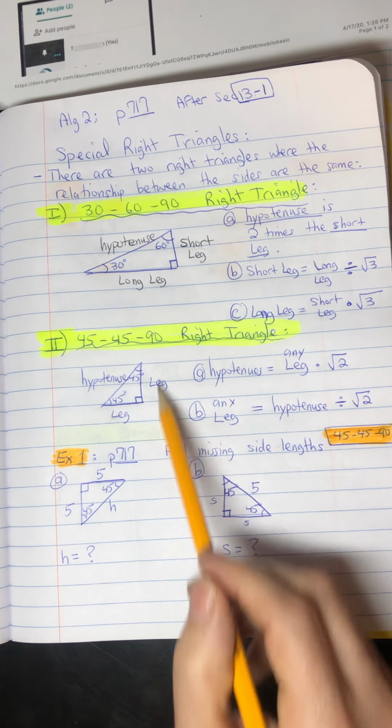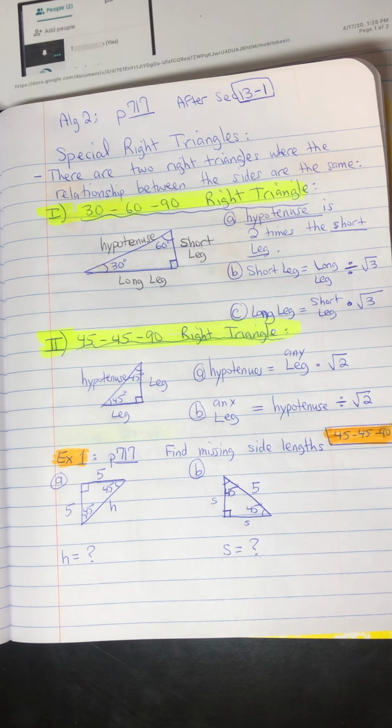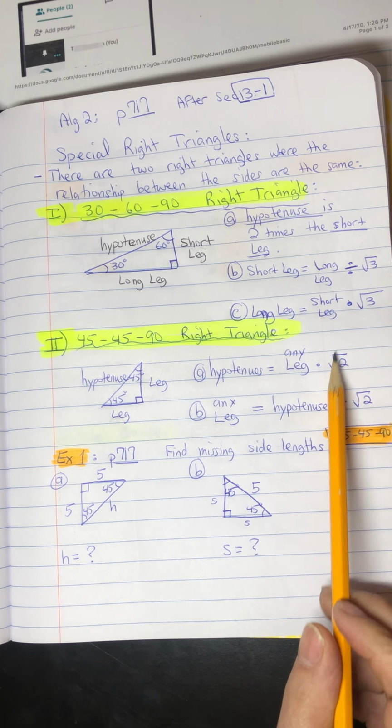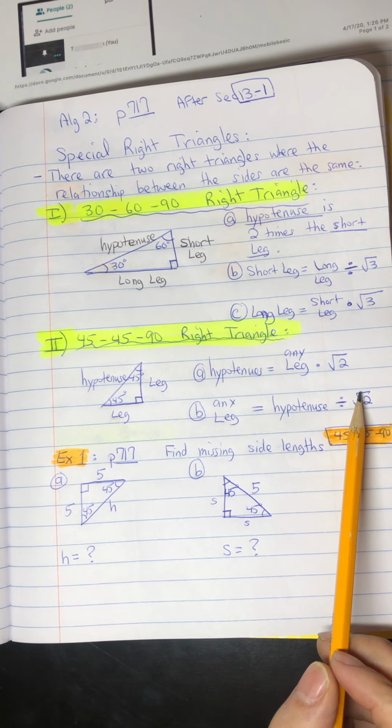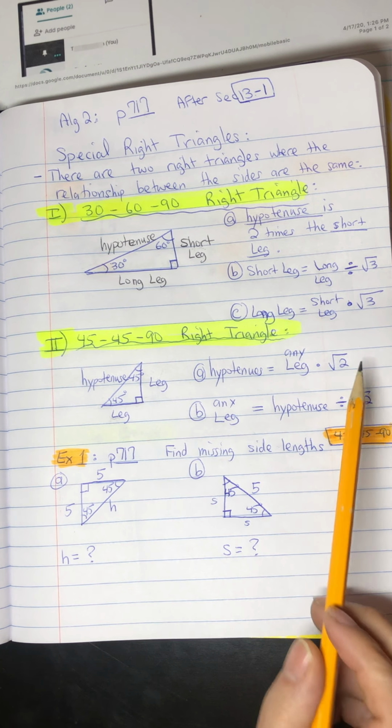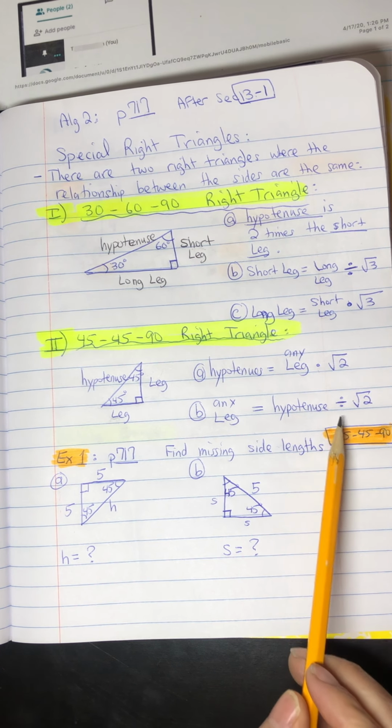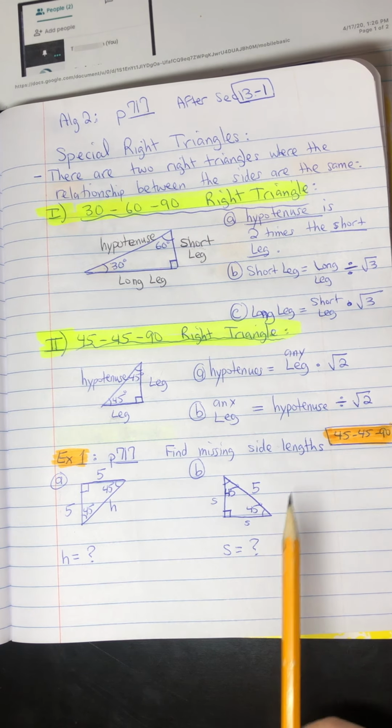So here's the relationship between these side lengths in any 45, 45, 90 right triangle. The relationship is always the square root of 2. Given one, you can find the others by either multiplying by the square root of 2 or dividing by the square root of 2.